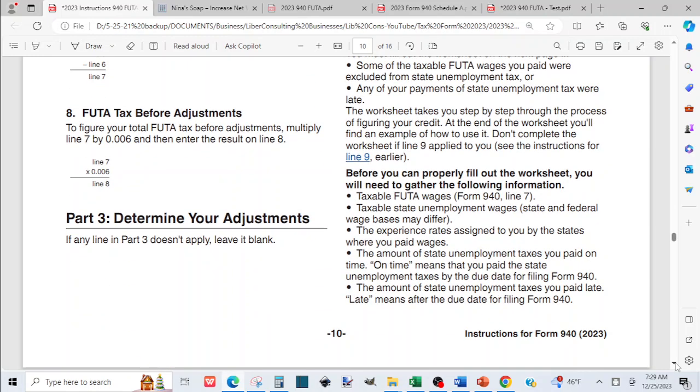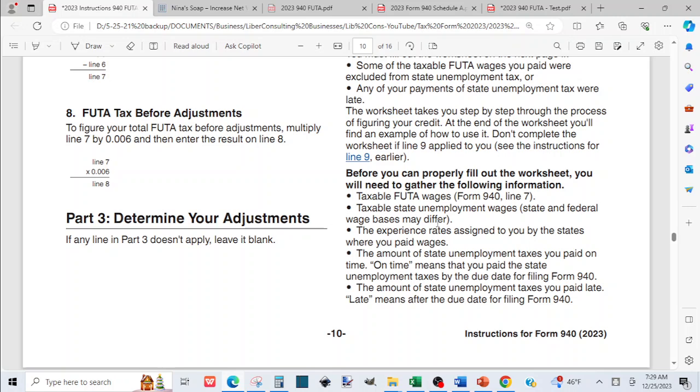You'll complete the form up to line 7 first, and you can just read it and see. Then they say the taxable state unemployment wages, state and federal wage base may differ.